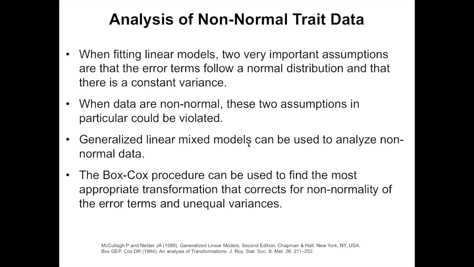So you can use a generalized linear mixed model to analyze non-normal phenotypic data, or you can use the Box-Cox procedure. How this works is you find the most appropriate transformation that corrects for non-normality of the error terms and unequal variances. And I have a reference here for this transformation procedure.